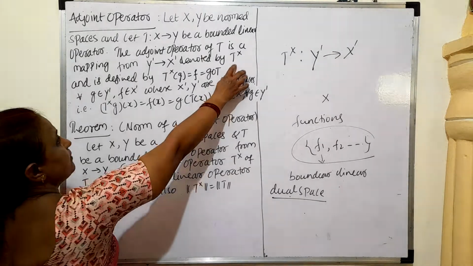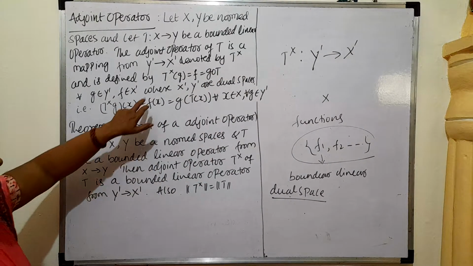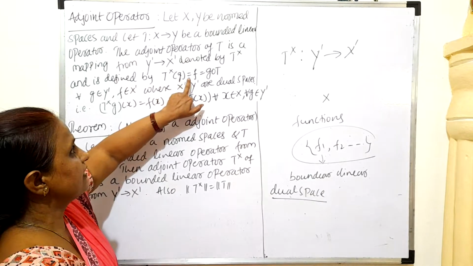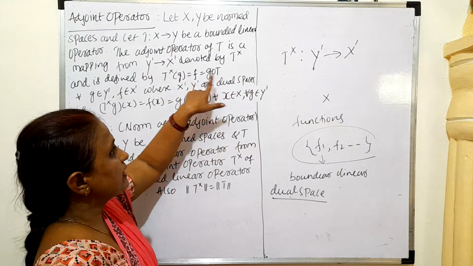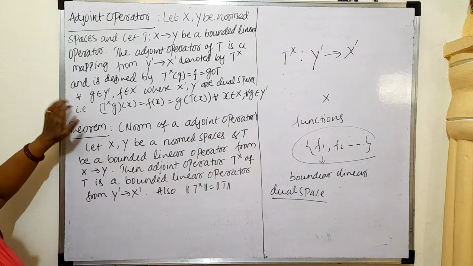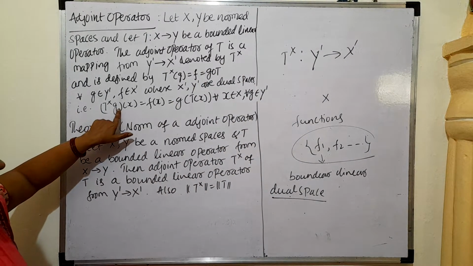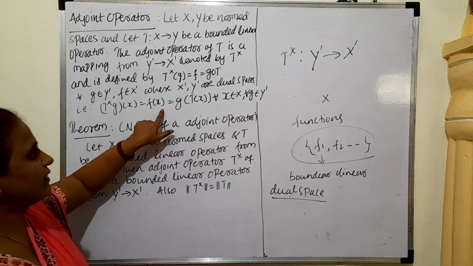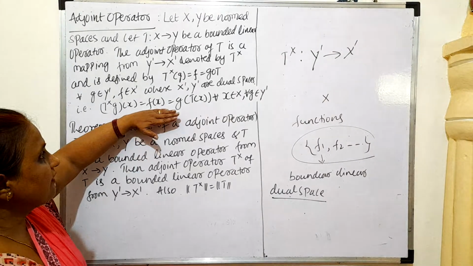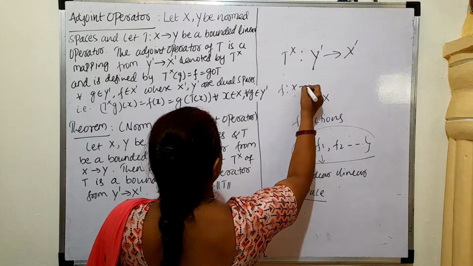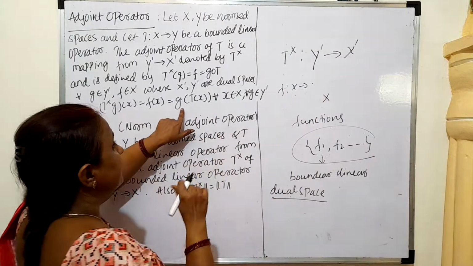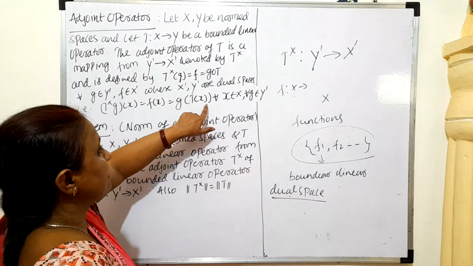Then this is said to be the adjoint operator if it is defined as T cross of G equal to F, where G belongs to Y dash, F belongs to X dash. Or we can also say that T cross of G of x equal to F of x. Again F of x, where F is a functional from X to R, can be written as G of T of x.